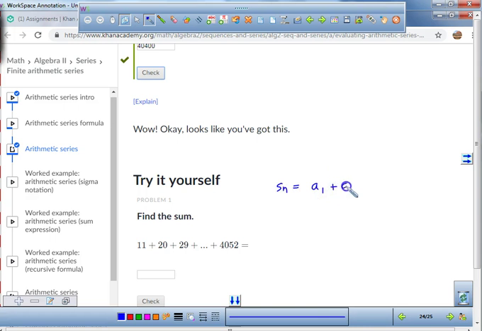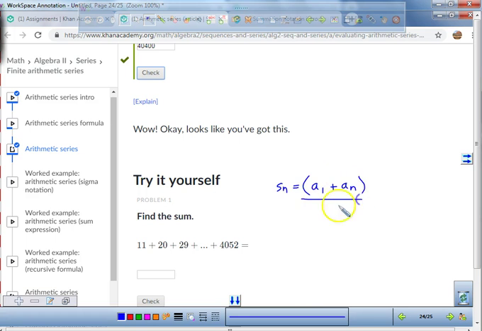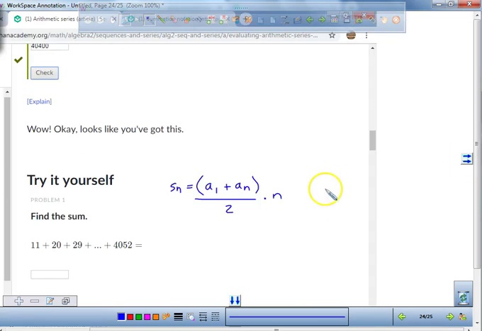A1 plus A sub n, all divided by 2 times n. But the first thing we're going to do is solve for n. Just remember, n will always equal the last number minus the first number divided by the common difference, and then we're just going to add 1 to it.